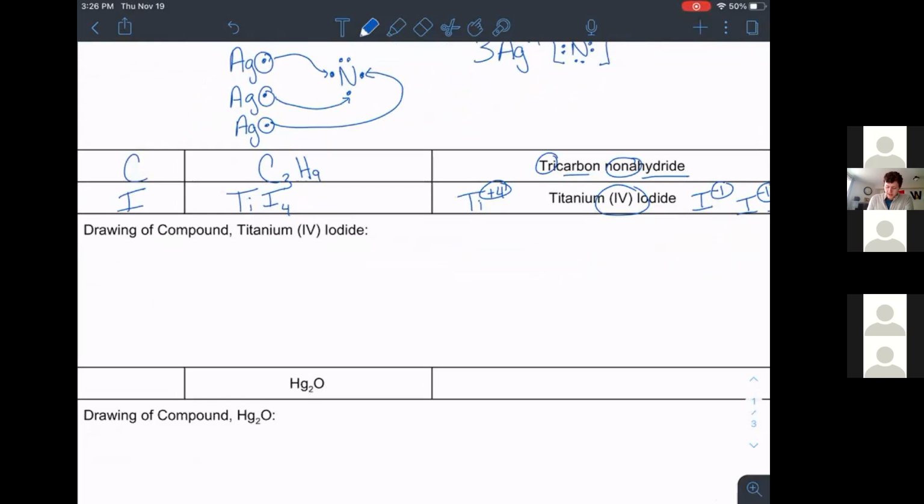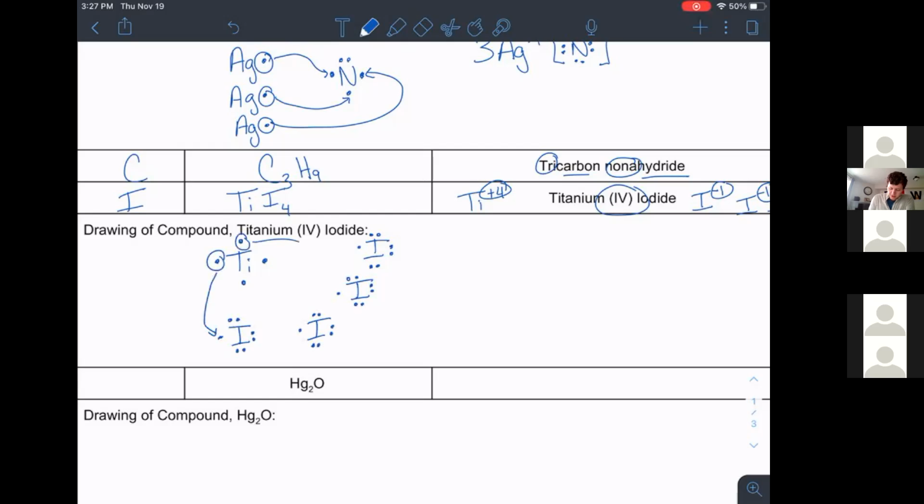When we draw this, we have to draw our valence electrons around each of them. So 1 titanium with 4 valence electrons, and then 4 iodines with 7 valence electrons. It's an ionic compound, which means we are drawing that transfer of electrons.